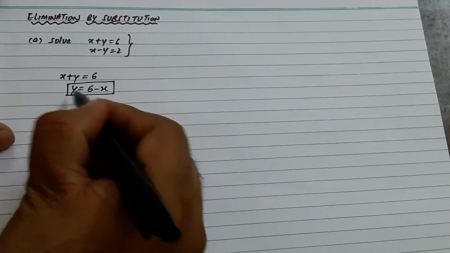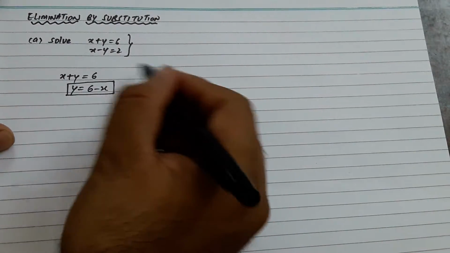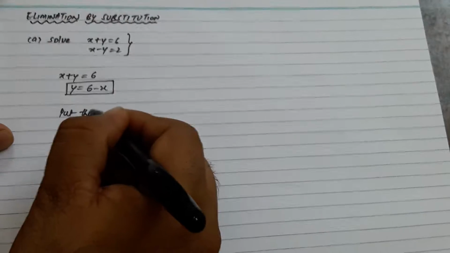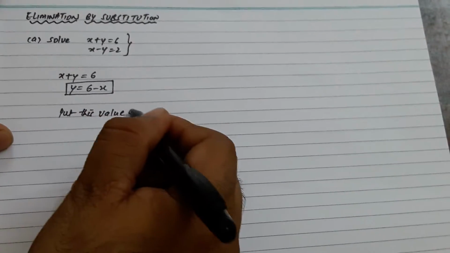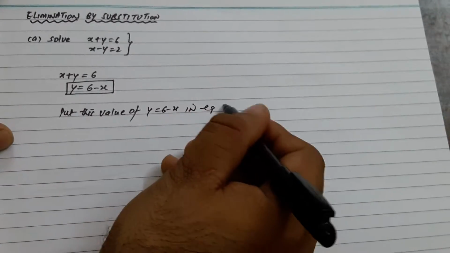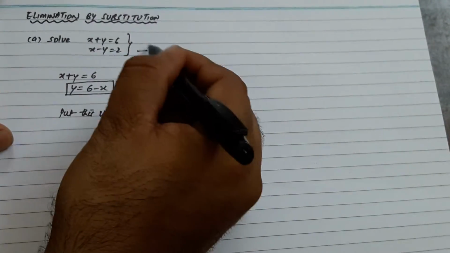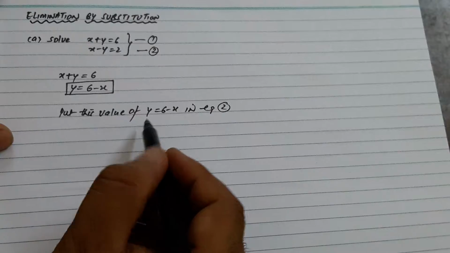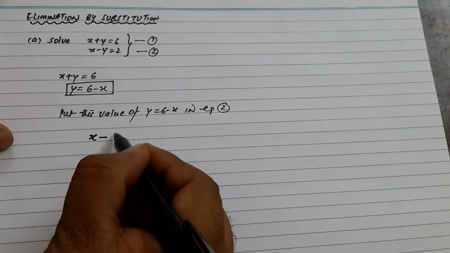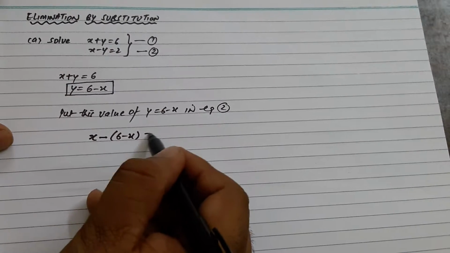Now I will put this value of y, y equal to 6 minus x, in equation 2. I am assuming that this is equation 2 and this is equation 1. So if we put y equal to 6 minus x here, our equation becomes x minus (6 minus x) equal to 2.